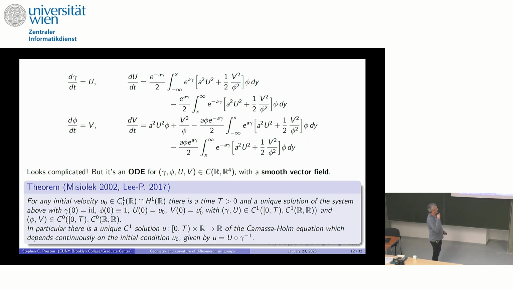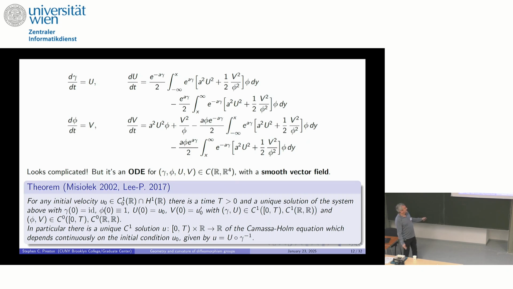So this is an ODE in some space of continuous functions. And what you can do with this, an actual application: if you take an initial velocity which is C1, decays down to 0, and also has bounded H1 norm, then there's some time and a unique solution of the system, satisfying all the things it should.